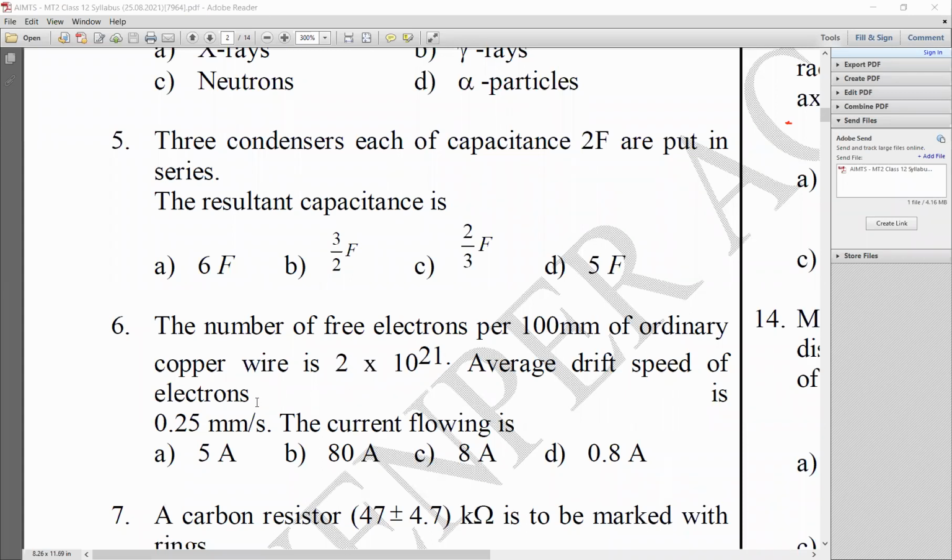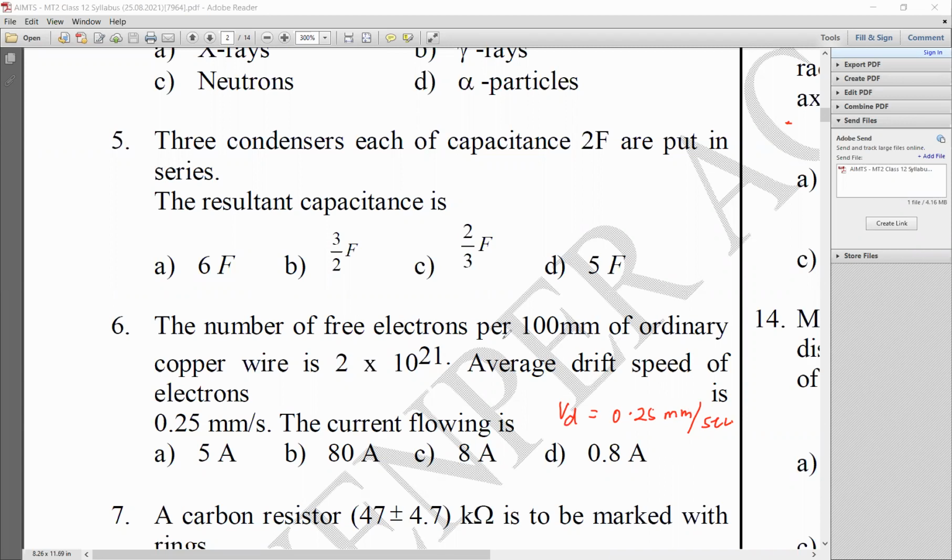Average drift speed of electron. This is given. The current flowing is... So drift velocity is given. How much? 0.25 millimeter per second.